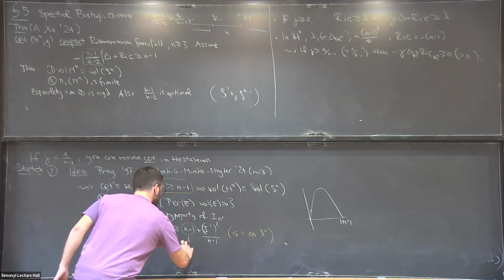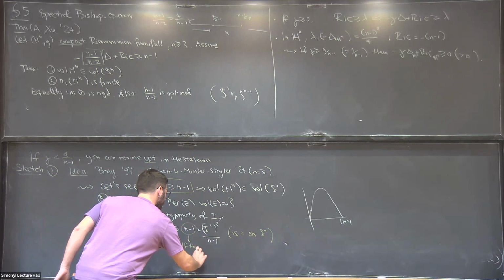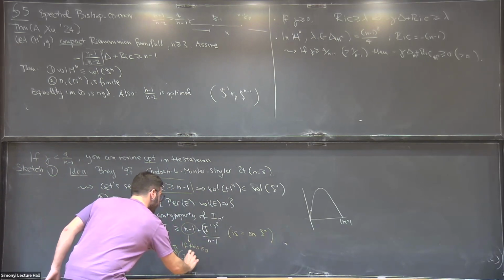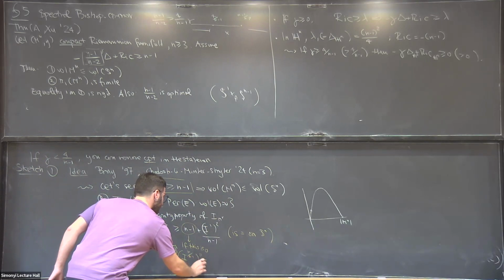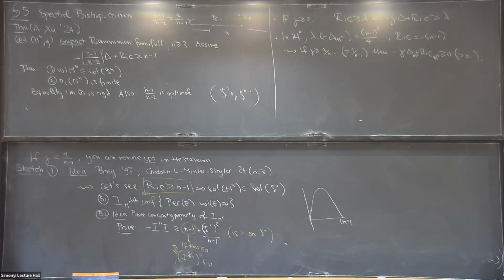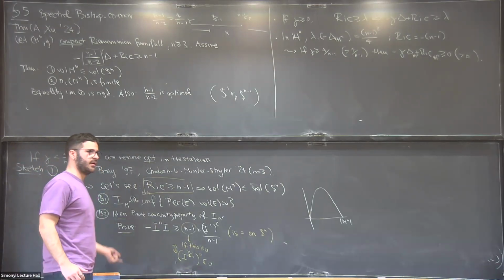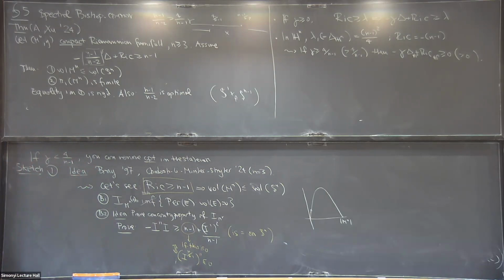And if this is 0, then this is equivalent to saying that the correct power is concave. So it's a little bit more than having the concavity of the correct power.